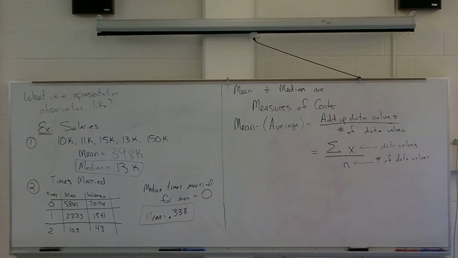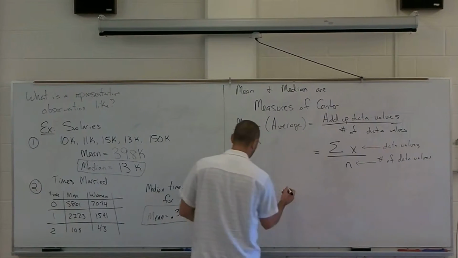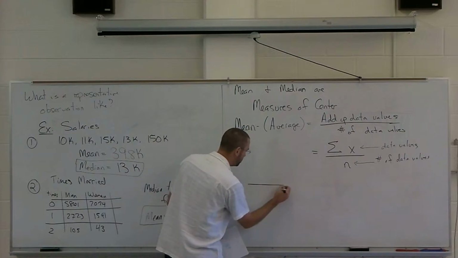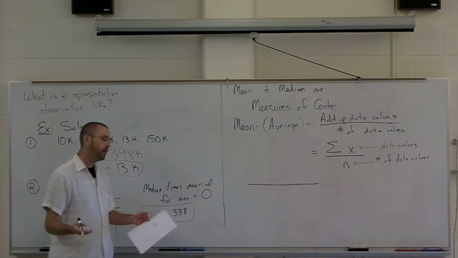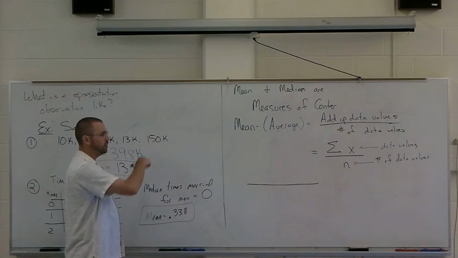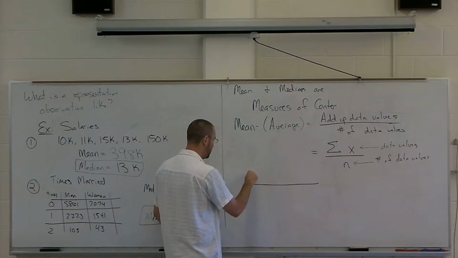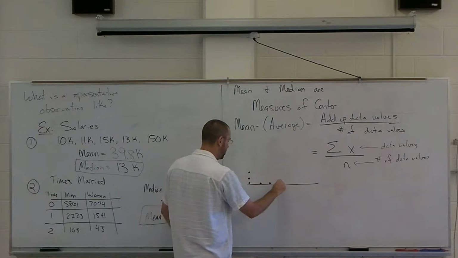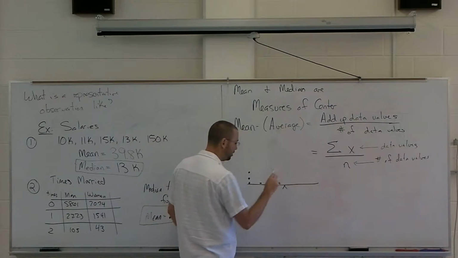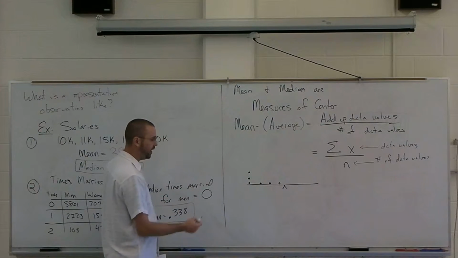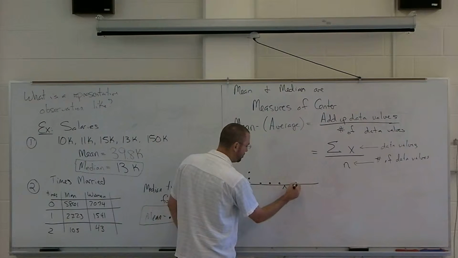Pretty straightforward in calculating that. There's no tricks involved. Another way of thinking about what the mean is that if you were to use a dot plot to graph your data, the mean is going to be the place in which you would put the little fulcrum, the little wedge, so that all of your data was balanced.